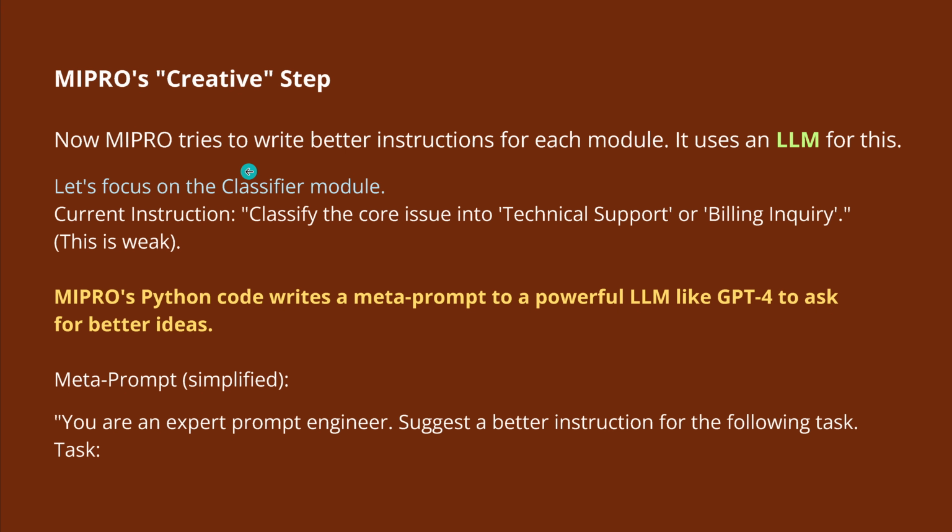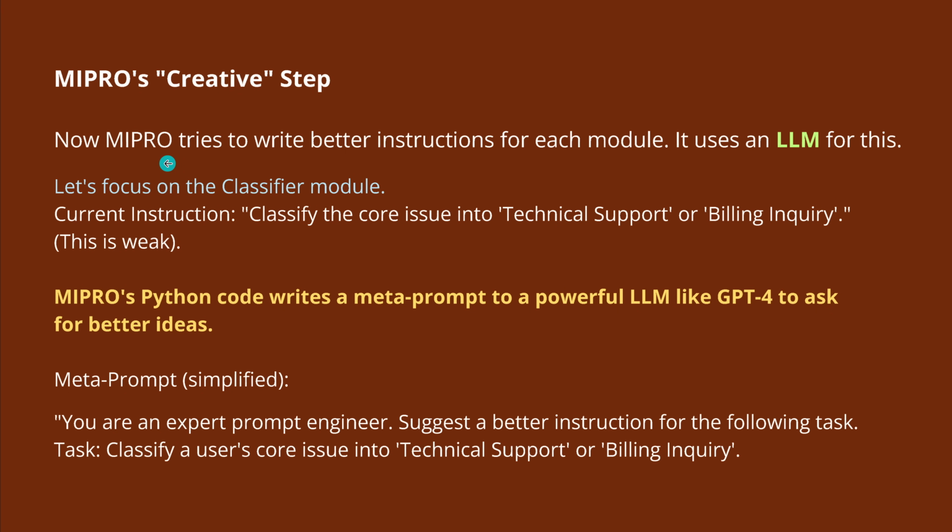So now MIPRO as an optimizer tries to write a better instruction for each of your modules. Optimize the prompt example that you have given. MIPRO itself is an optimizer, so it needs the help of a Titan AI, a beautiful, big, highly intelligent AI, another LLM. Let's go with, if you like Grok 4, if you like Sonnet 4, you get the idea.